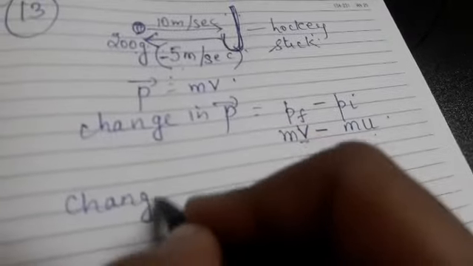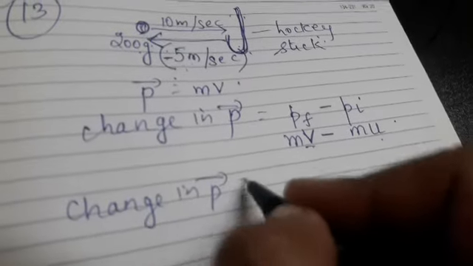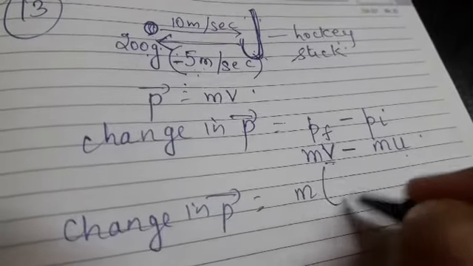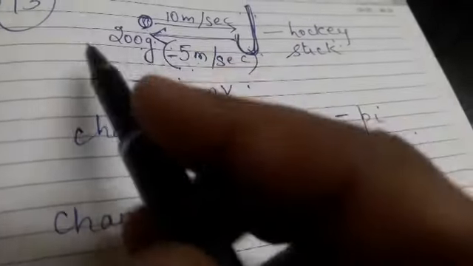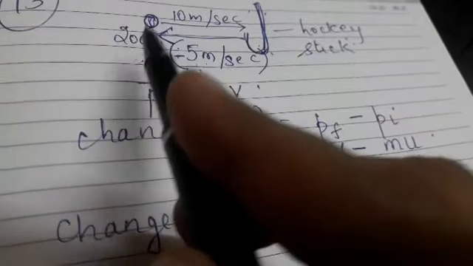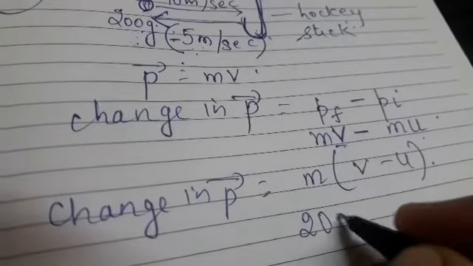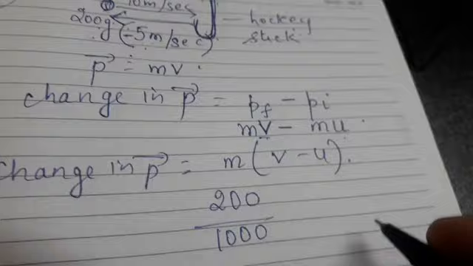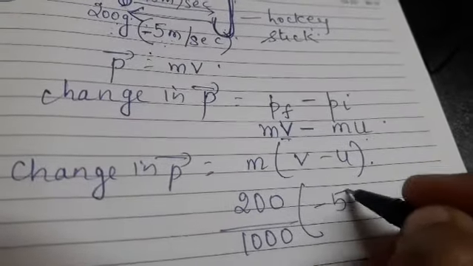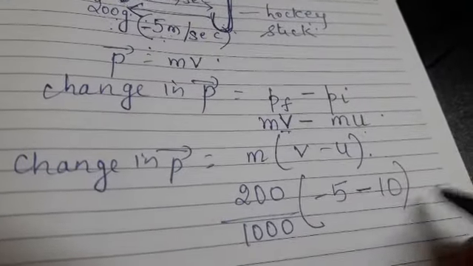Now we'll write the change in momentum is equal to, we take out m common, m(v minus u), 200. Now this is in grams. We will convert this into kg by dividing 200 by 1000. v is minus 5 minus 10.